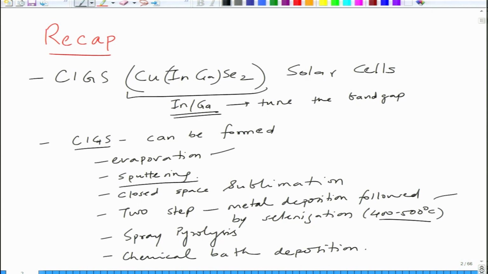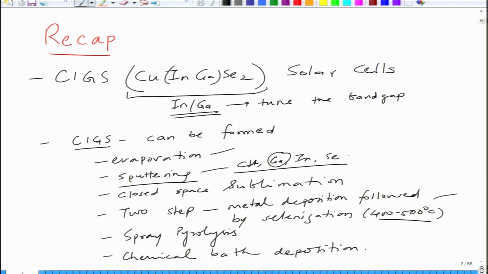Sputtering we have discussed in case of CdTe, which is fairly similar in this case also. All you are going to need is 4 targets: one of copper, one of gallium, one of indium, one of selenium. Gallium is a metal which is in liquid form at room temperature, so you have to sputter it from a compound source.